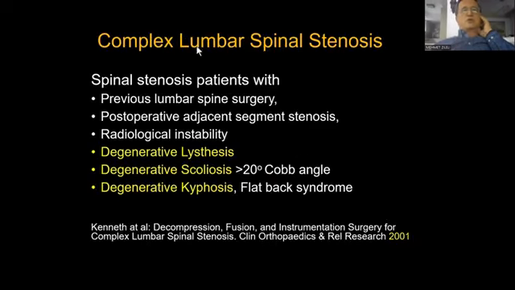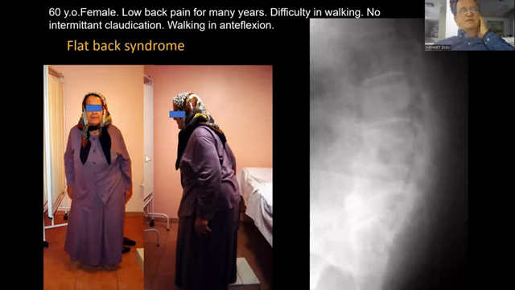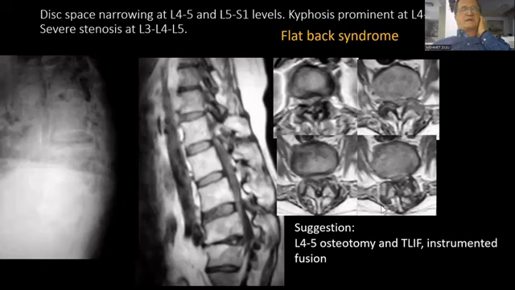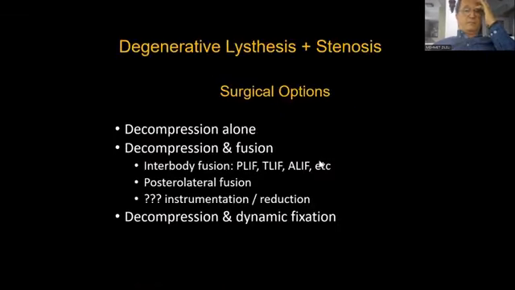So there is the so-called complex lumbar spinal stenosis, the term, which has such features like you see here. This is a typical case of a lady with flat back syndrome. Even in the direct films, you can see a kyphotic lumbar spine, and I recommended a fusion surgery for this lady.